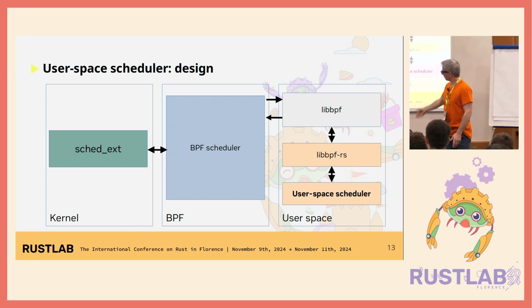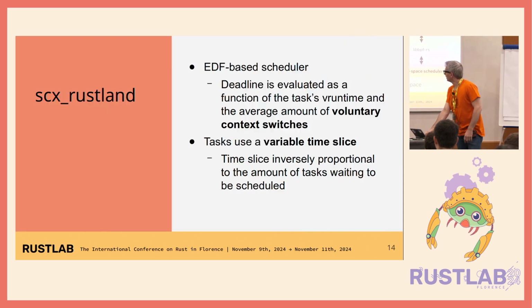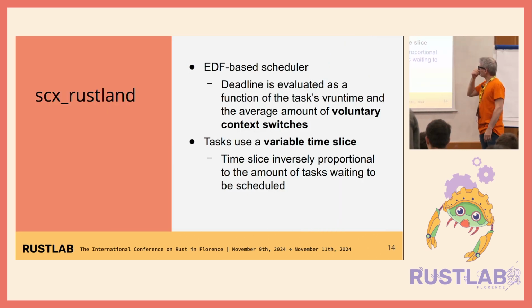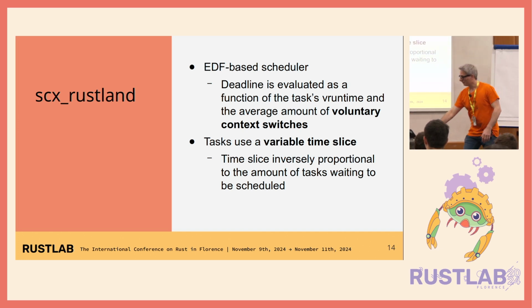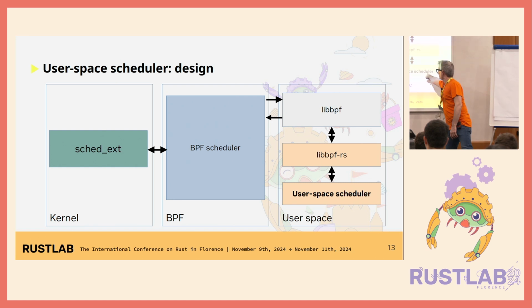That part requires Clang and C. So we're trying to make also this part in Rust if possible. So as a proof of concept, I ended up writing this scheduler in this box right here.